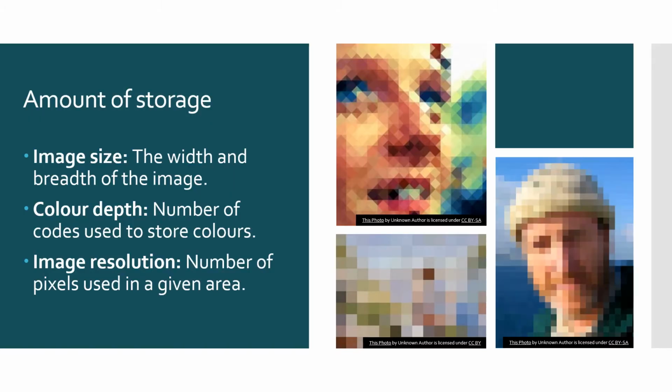The amount of storage is therefore dependent on obviously the width and breadth of the image, but within a given size of image it depends on the number of pixels used in a given area, so how tightly packed, how small or large the pixels are, and also the number of codes used to store the colours, and this is called the colour depth. So you can see some images here which are stored using very large pixels, and that makes the image blurry, but it means there's less for the computer to store.